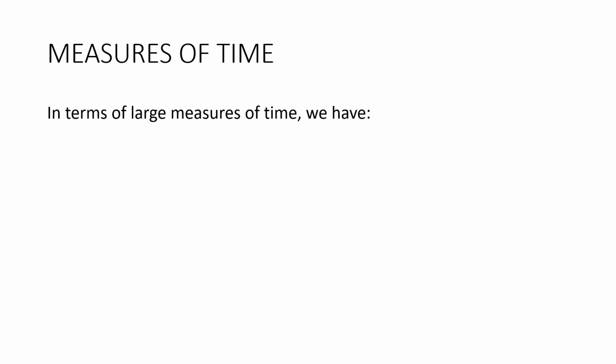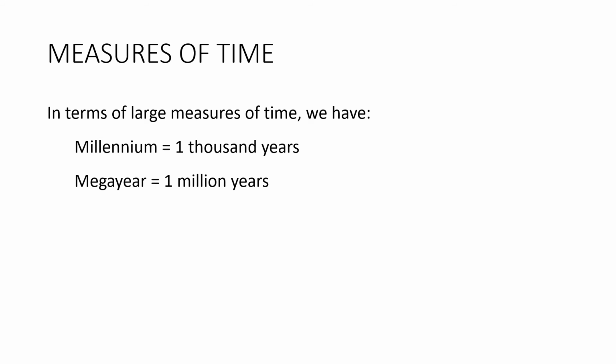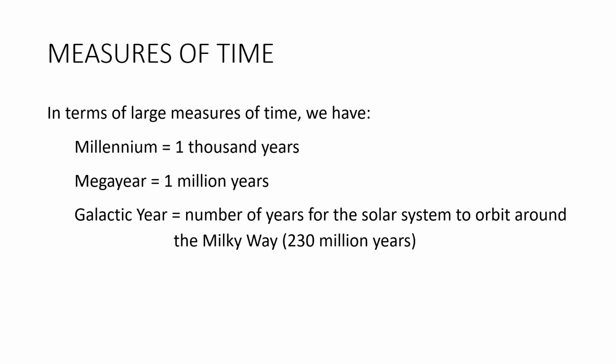In terms of large measures of time, we have a millennium, which is 1,000 years, a mega year, which is 1,000,000 years. We also have a galactic year, which is the number of years for the solar system to orbit around the Milky Way. Well, it's 230 million years. And we've also got a giga year, which is 1,000,000,000 years.